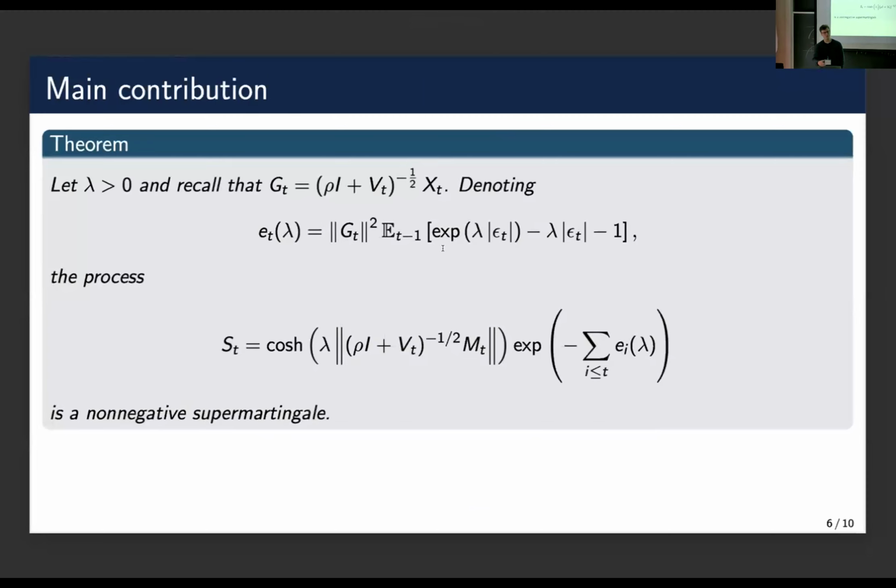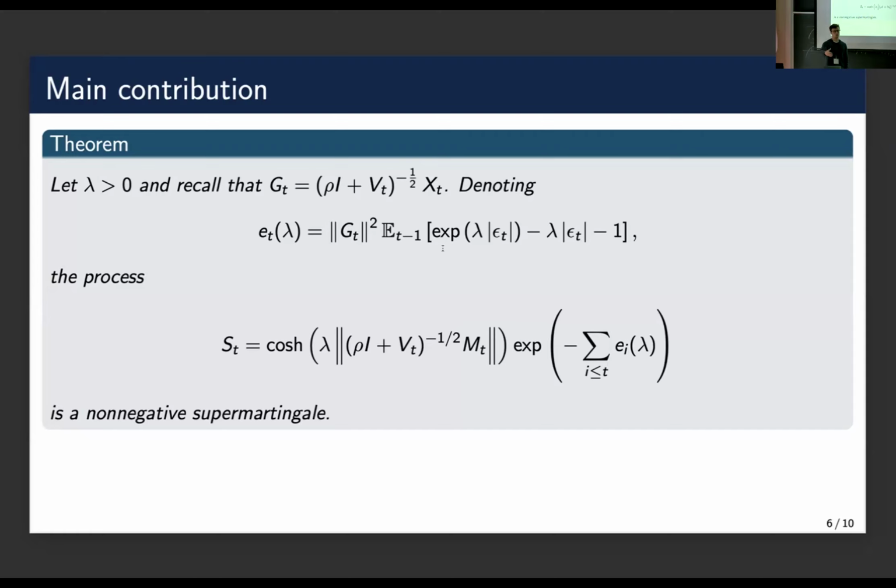Okay, so the main theoretical contribution of our paper is a non-negative super martingale construction. For that, let me denote E_t of lambda as the square of the norm of g_t times this conditional expectation of the exponential function of lambda times the absolute value of epsilon t, corrected by the first and 0th order terms of the exponential function.